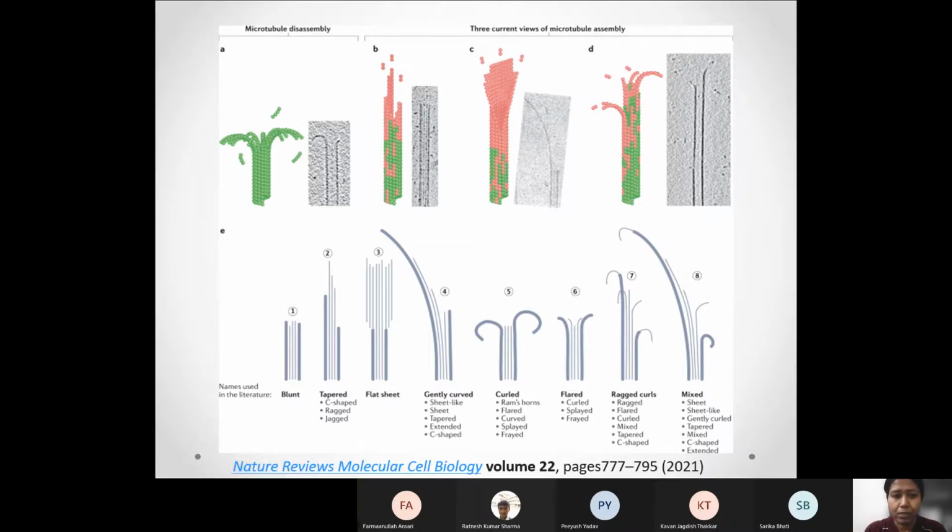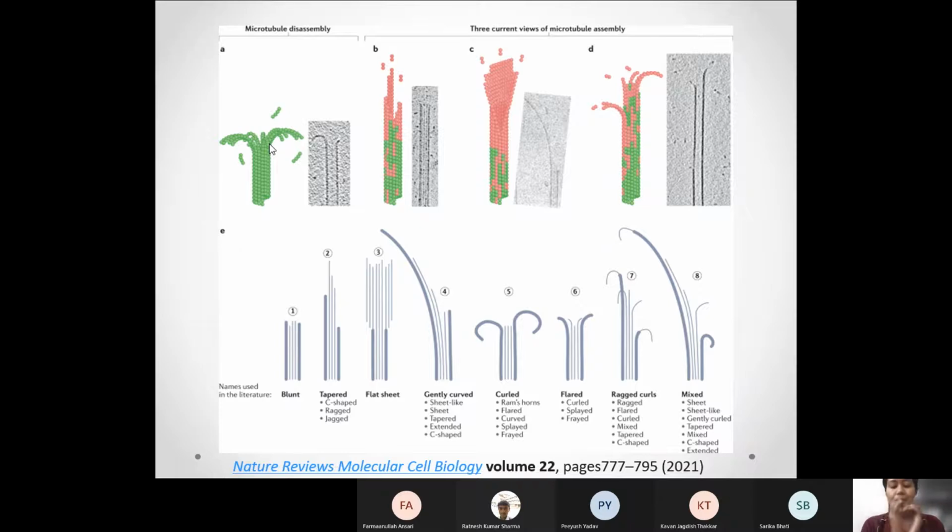The other hypothesis is that it's not just a cylinder that is growing by adding tubulin subunits. It could be that you have a part of it that is actually growing like a sheet. So imagine that you have created 13 protofilaments, but like a sheet.